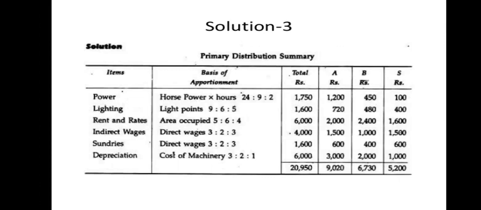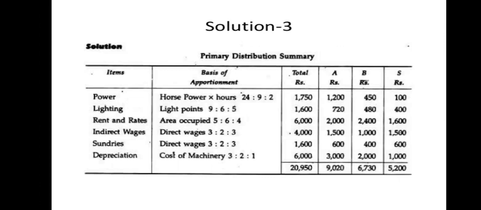Lighting based on the light points, 1600 is the total value. If we apportion on the basis of 9 is to 6 is to 5, 720, 480, 400. Rent and taxes based on the area occupied, total value is 6000, and apportionment is based on 5 is to 6 is to 4: 2000 for A, 2400 for B, and 1600 for S.